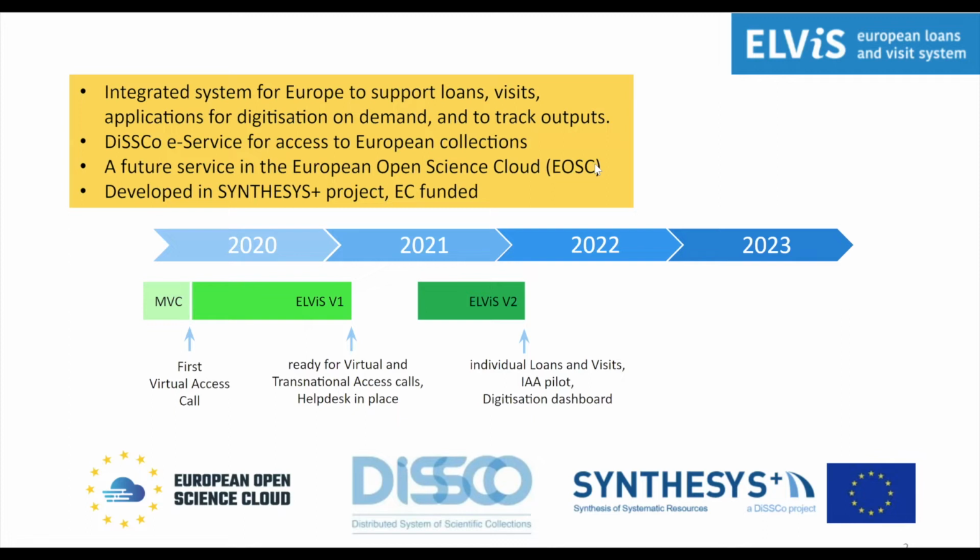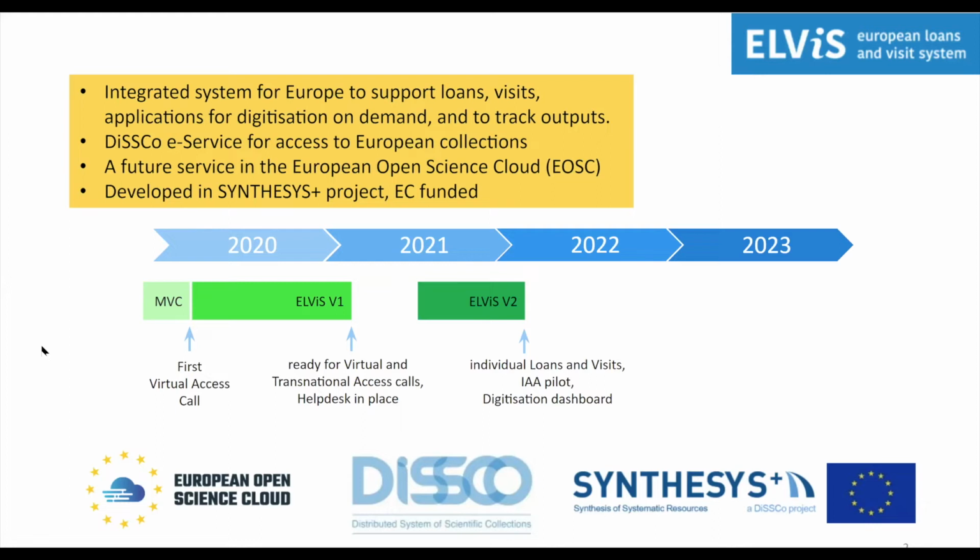So instead of going to the museum to visit the collections or asking for loans, you can use this call to request digitization of collection items that have not yet been digitized. And the results of these digitization requests will be published online. So the first call opened in February, and it has just closed.